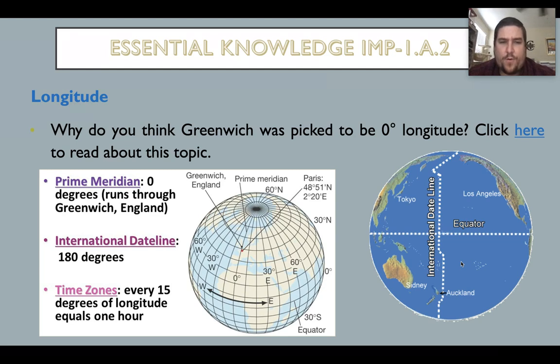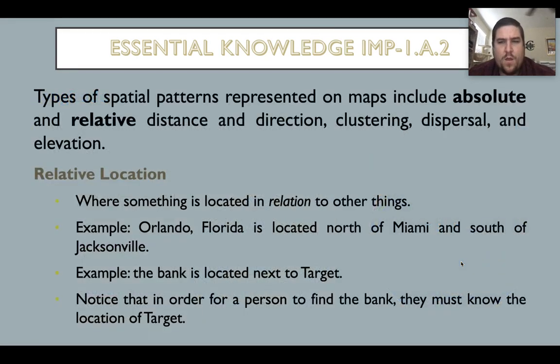This one is not super important. Relative location is where something is in relation to other things. Normally when I'm on campus, I would say, where is our classroom in relation to your other periods? That is relative. So relative location changes all the time. The Target is next to the PetSmart, or Best Buy is across the street from it.